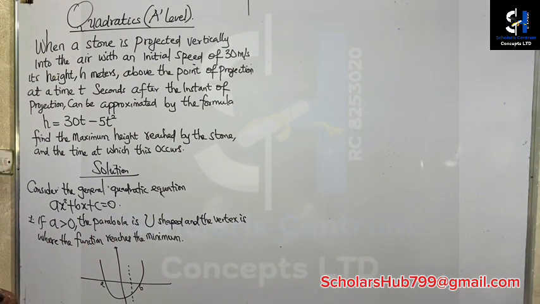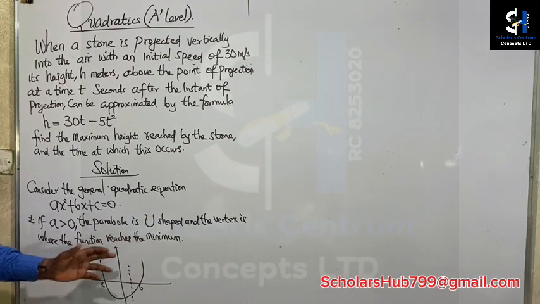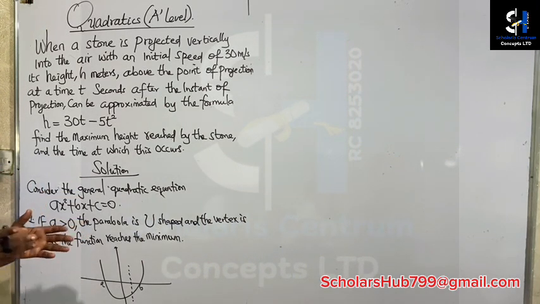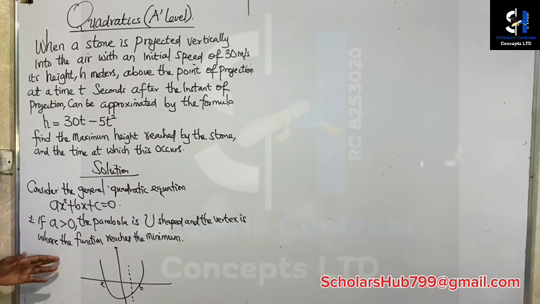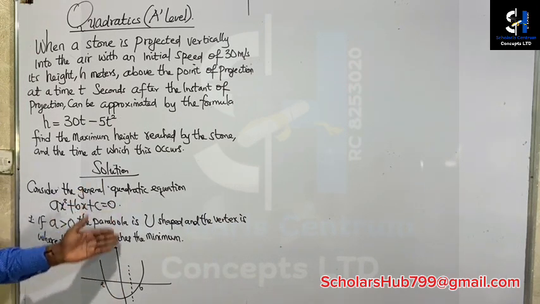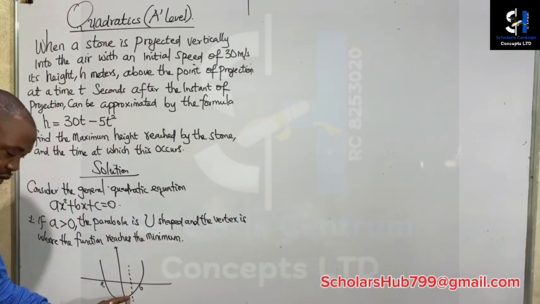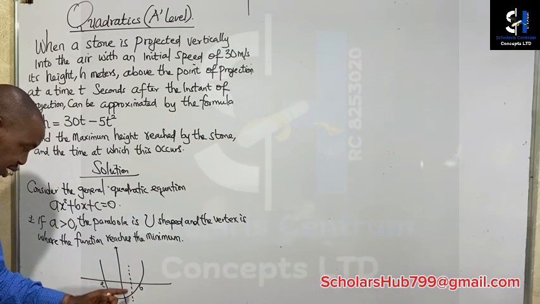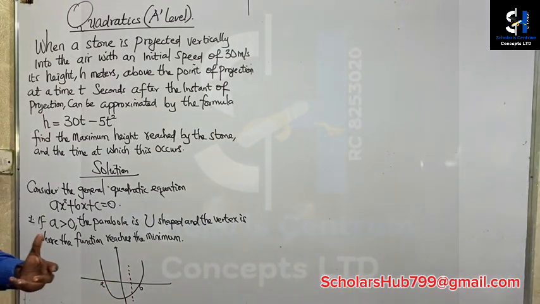So the vertex, when we have a U-shape because the leading coefficient of the quadratic equation is positive, is on this line which cuts the parabola at this point here. The value of x here is what we call the vertex.